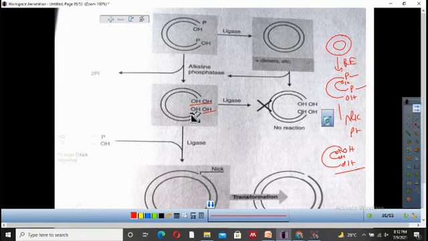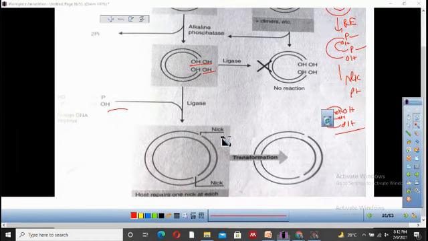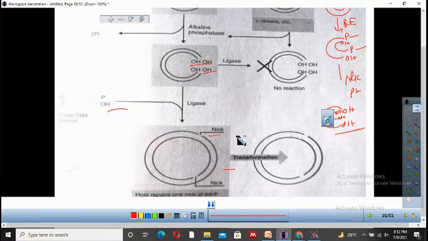Then you have to add the phosphate again, and the ligation process will occur, and there will be a nick, and that nick can be sealed with the help of the ligase enzymes.